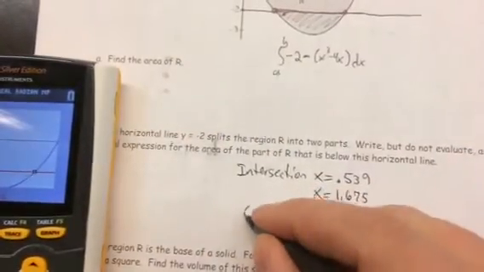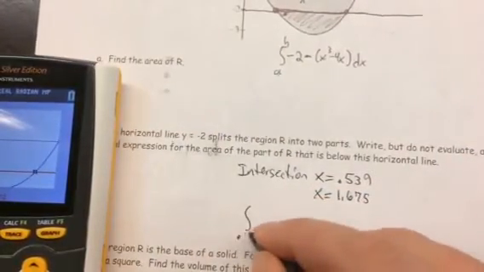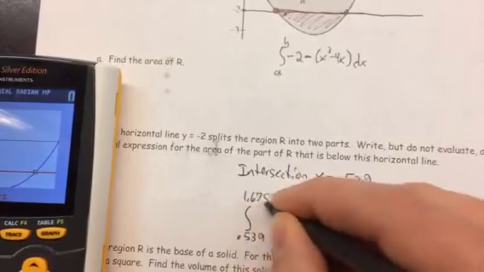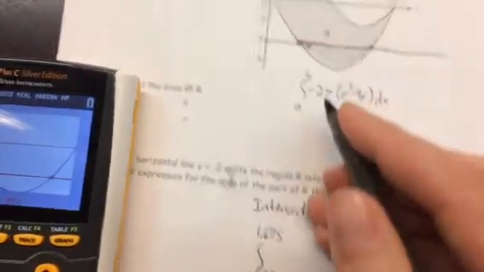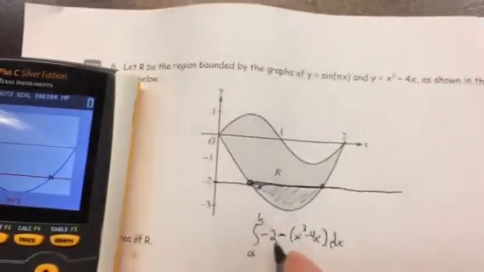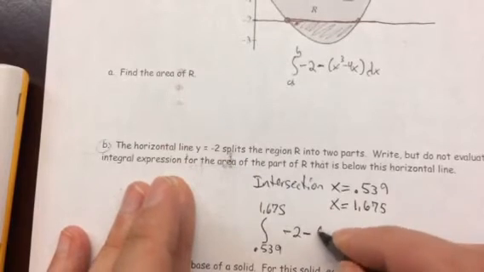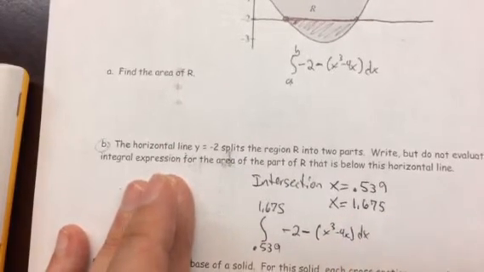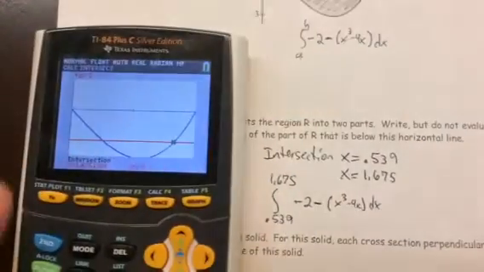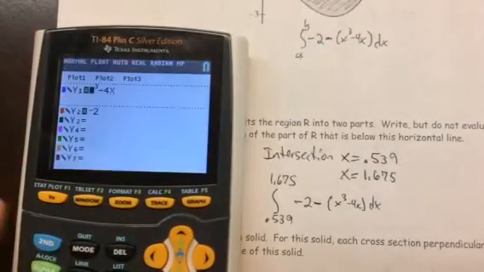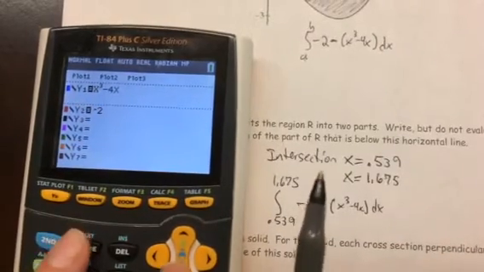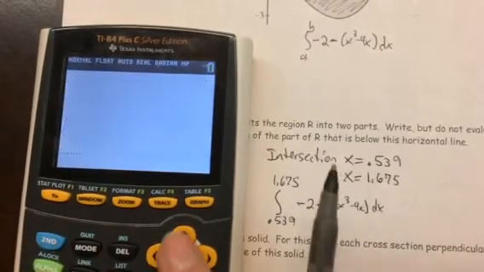And so my integral is going to be the integral from 0.539 to 1.675 of the top one, which is -2, so -2 minus x cubed minus 4x dx. I'm just typing this straight into my calculator. And I'm going to look back here. You know, this -2 is just y2. So I'm going to practice this other way.